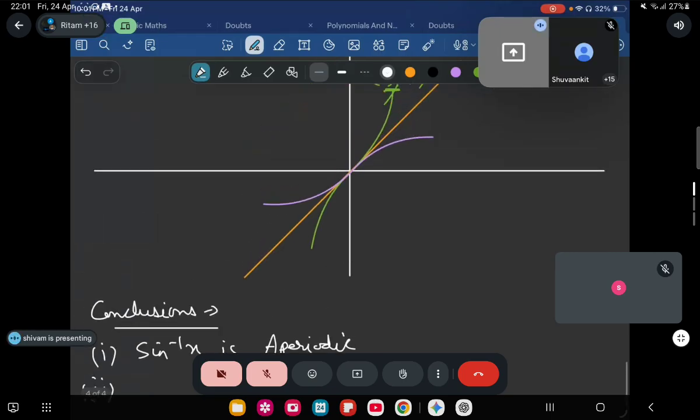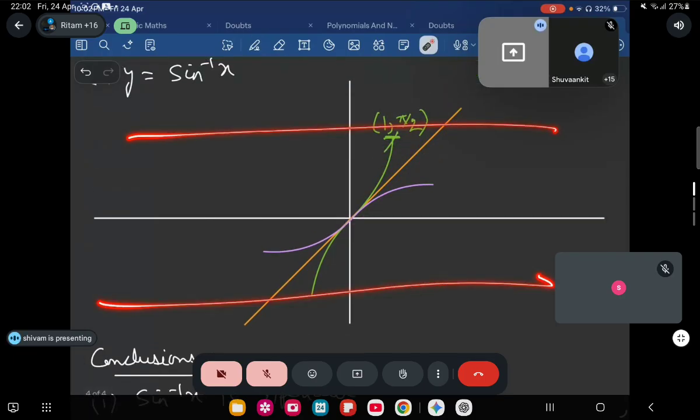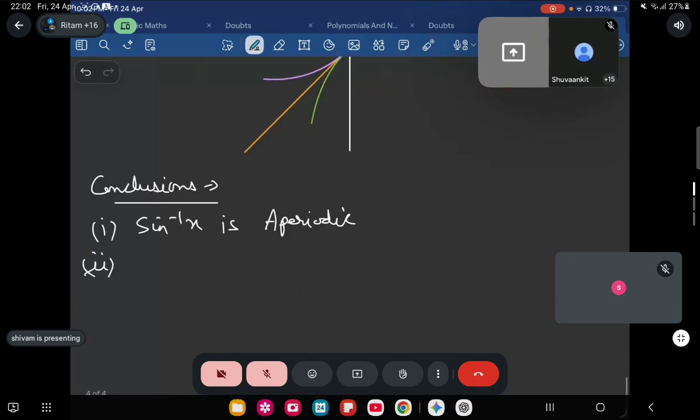Can I draw two straight lines between which I can cover the whole graph? Yes, sir. You can draw two parallel straight lines. So sin inverse x is bounded.